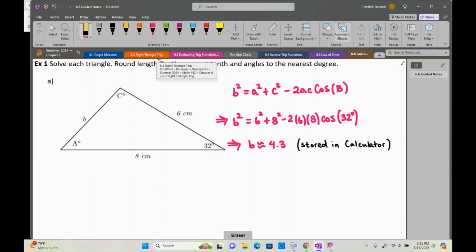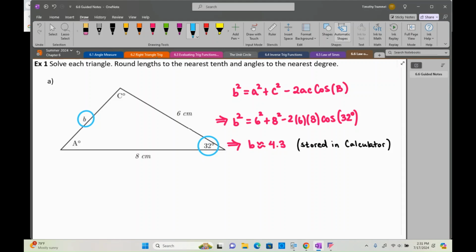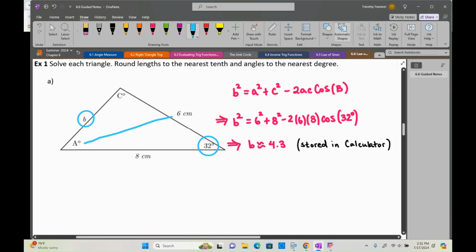Sometimes you're going to use both of these laws, law of sines and law of cosines, in one question. Since we do have now a matching pair here, we can find this missing angle here.